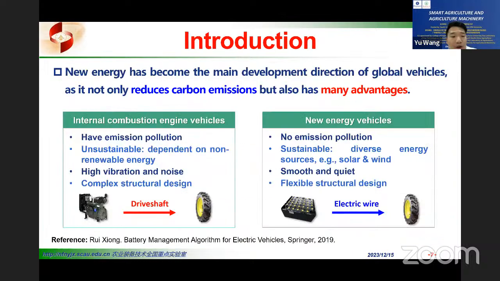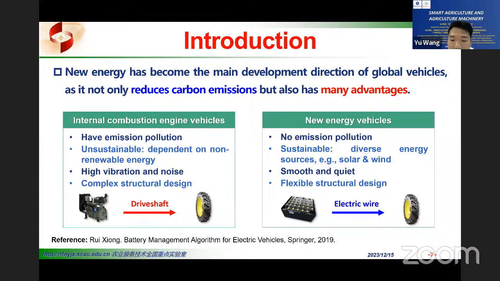So, to save our planet, new energy vehicles have become the primary development direction for global transportation, as they not only reduce carbon emissions, but also offer numerous advantages. For example, internal combustion engine vehicles rely on non-renewable energy sources, making them unsustainable.